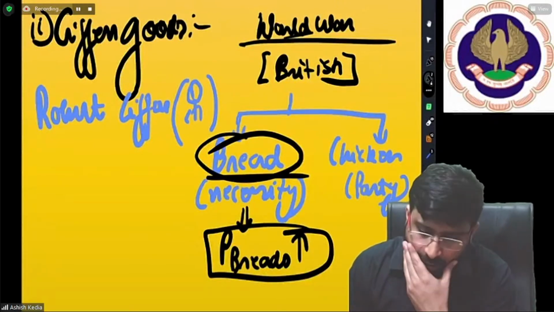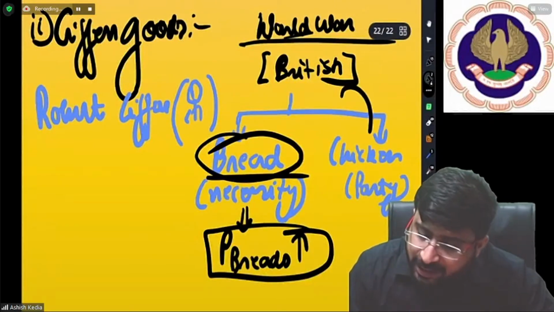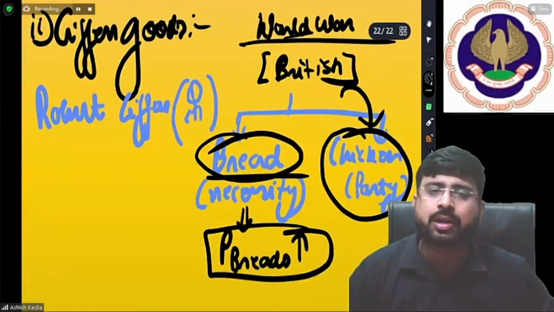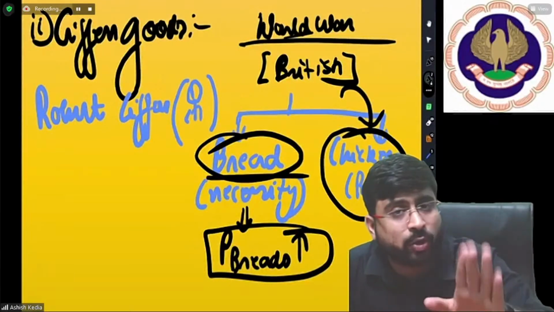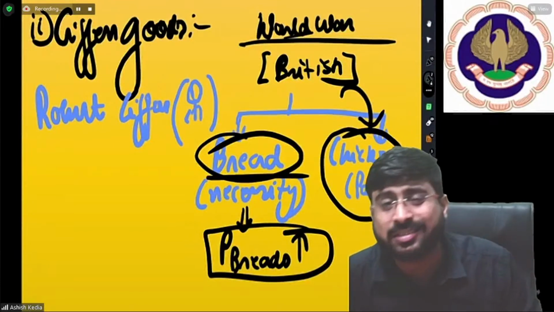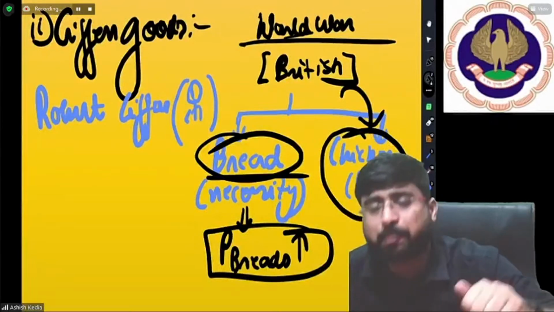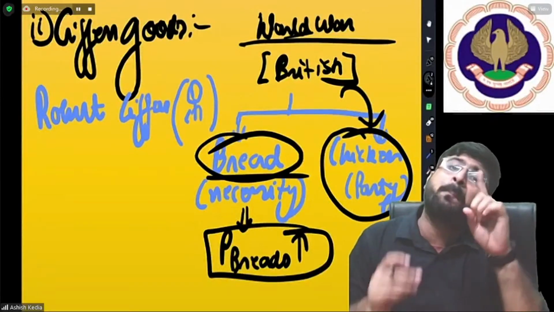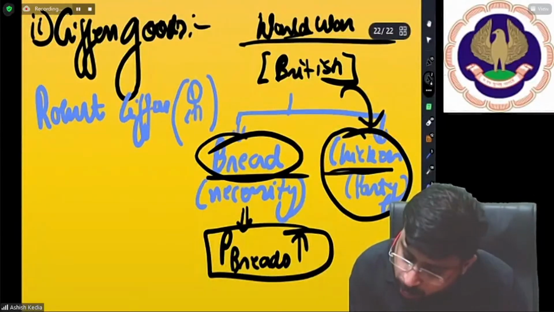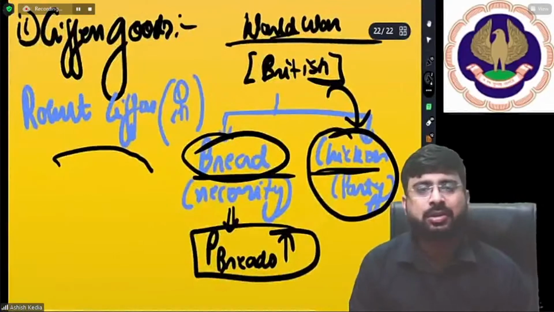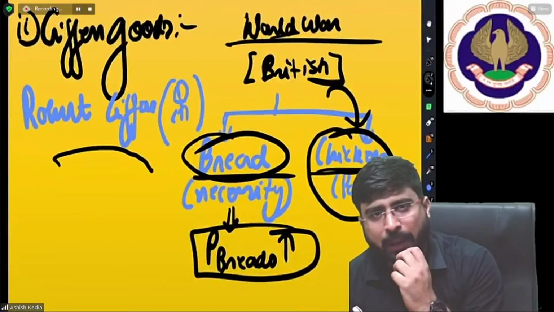Now people who were doing parties, the money they were putting to buy chicken, they said, oh my God, our necessities are becoming expensive. Necessity means bread is becoming expensive. So let's stop partying. Let's focus on buying our necessities. So the money that people used to spend on chicken, they started spending on bread. And to the utmost surprise, you know what happened?